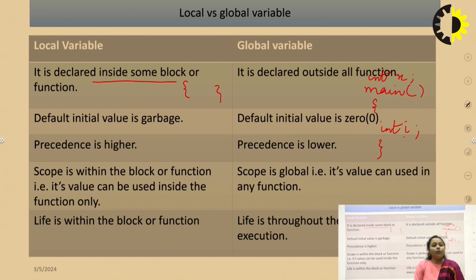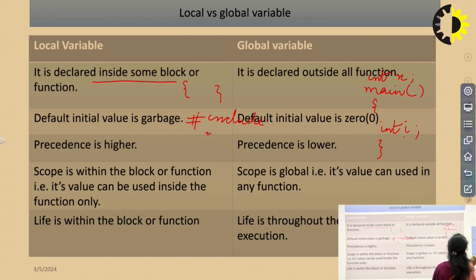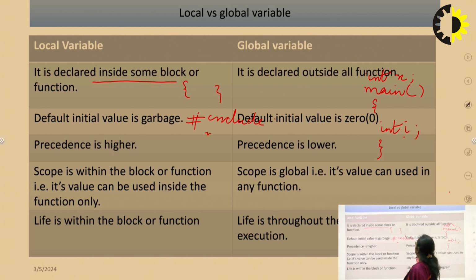Next, if we talk about the precedence, suppose you are creating a program. Here you have written hash include, your header file, and int i equal to 5, then main. Within main you are writing int i equal to 10.